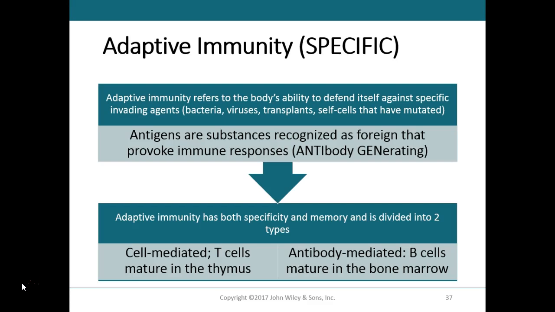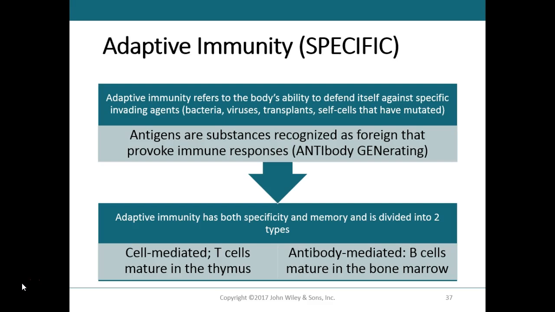Cell-mediated immunity is particularly effective against intracellular pathogens, and that can include viruses, bacteria, a fungus, or things that are inside cells. It's also very effective against some cancer cells and foreign tissue transplants. Cell-mediated immunity always involves cells attacking cells.